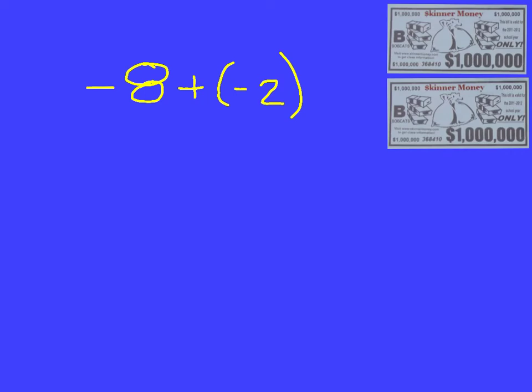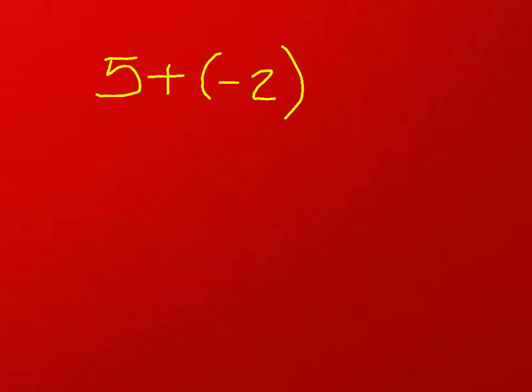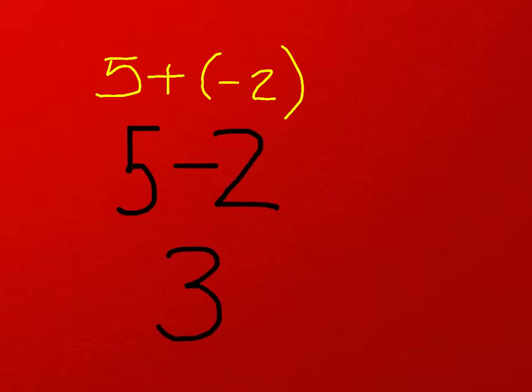A negative 8 and a negative 2 is going to give us a total of negative 10. For this one we have a 5 plus a negative 2. This is the same as saying 5 minus 2.